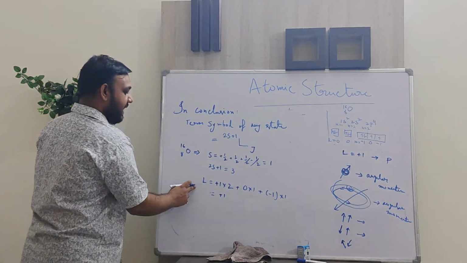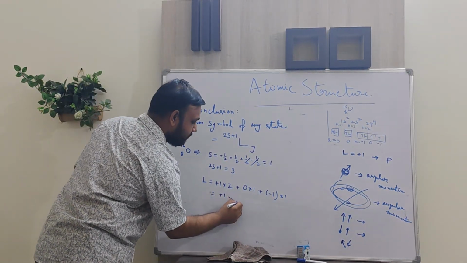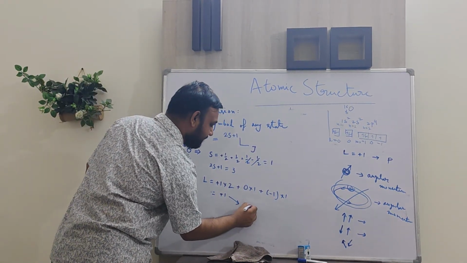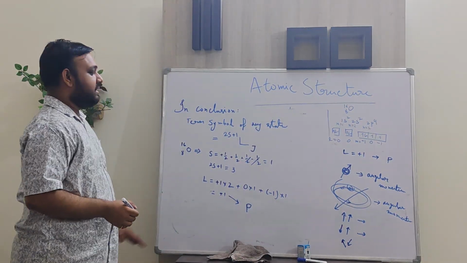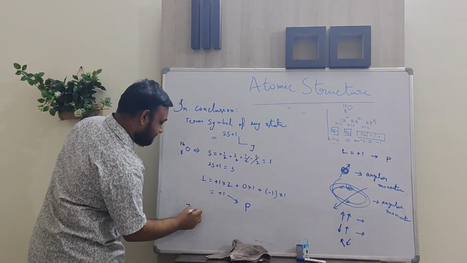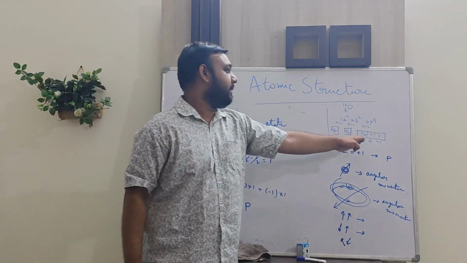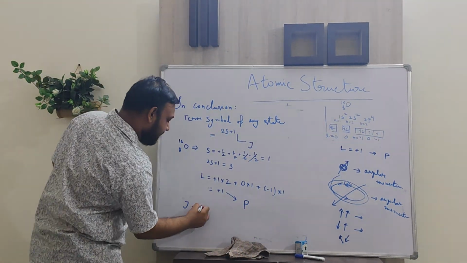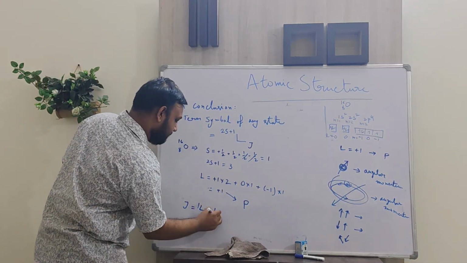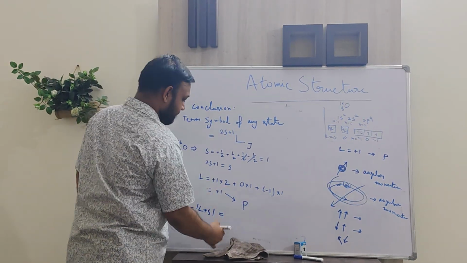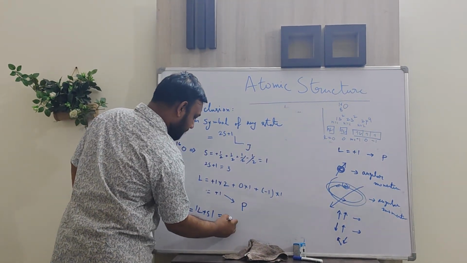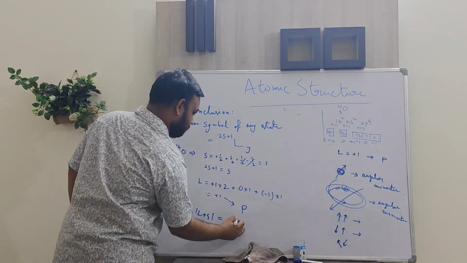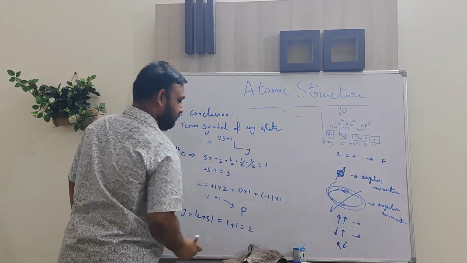So for L equal to plus 1, I have told you the symbol will be capital P. And for J, is this more than half filled or less than half filled? Clearly this is more than half filled. So J will be L plus S. The value of L is 1 and S is also 1. It's giving 2.